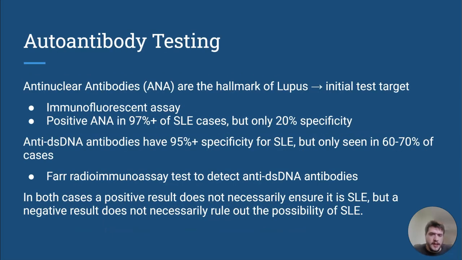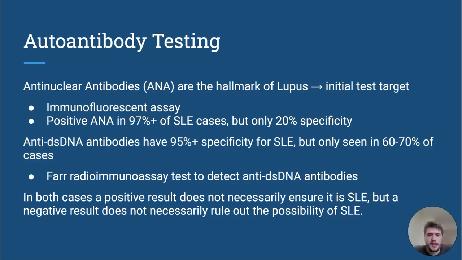So, to diagnose lupus, because it's an autoimmune disorder, you usually test for these autoantibodies. These anti-nuclear antibodies, antibodies that target our cells' nuclei. They are the hallmark of lupus, and that's like the first test you'll do.